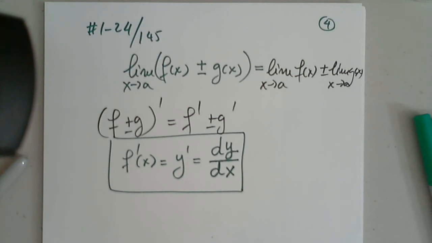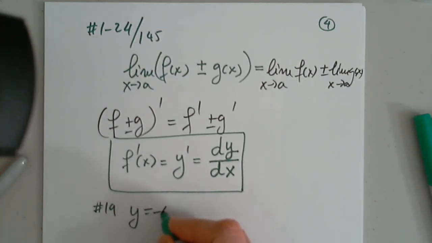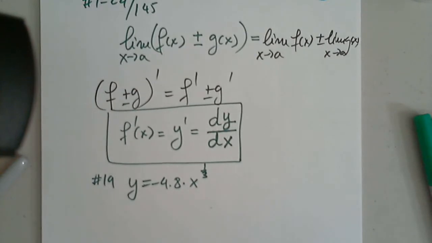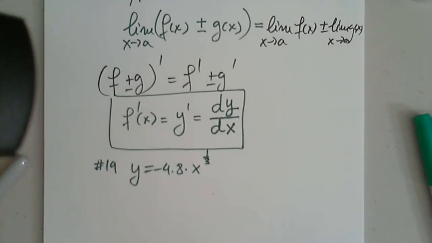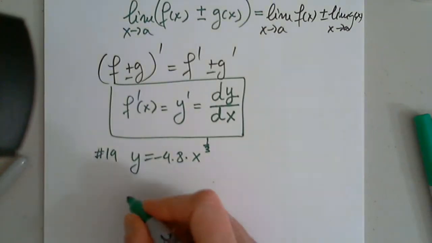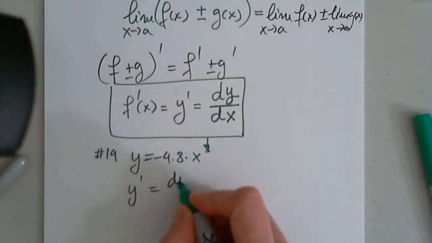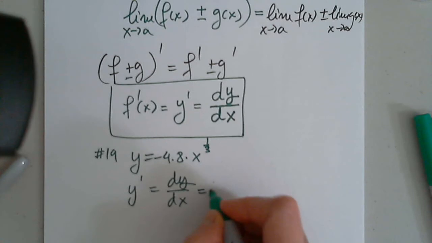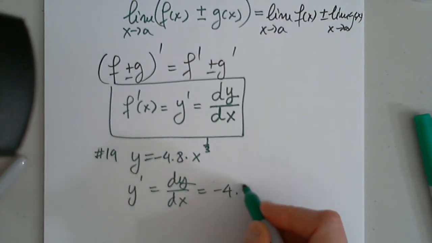Do 19. Okay, let's do 19. So 19 is y equals negative 4.8 times x to the 1/3. This book, for some reason, is in love with rational exponents. So we are asked to find y prime or dy over dx. The constant stays in front.